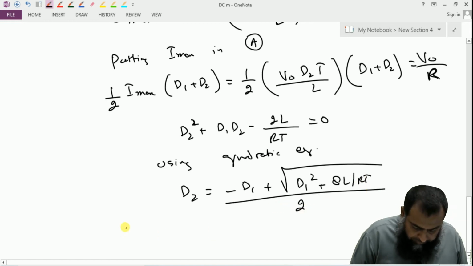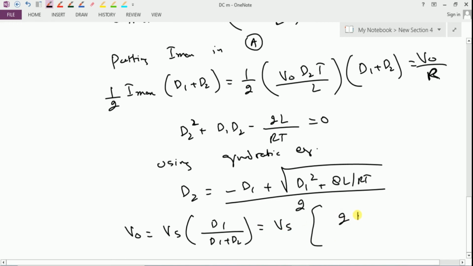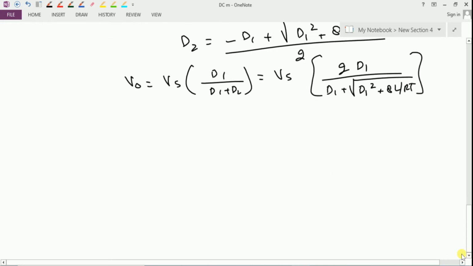Therefore V naught is equal to Vs into (D1 plus D2), that is equal to Vs into 2 D1 divided by (D1 plus the square root of D1 squared plus 8L over RT). This gives us the transfer function for a buck converter which operates in discontinuous conduction mode.